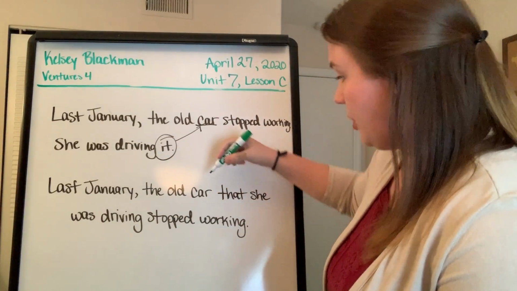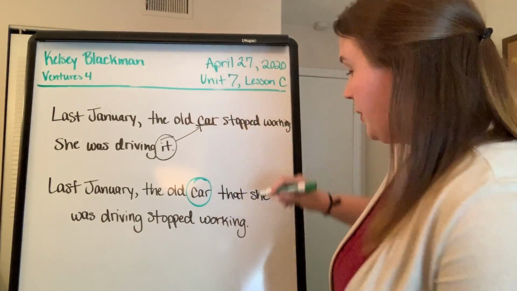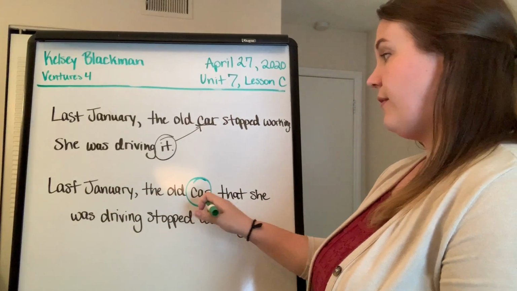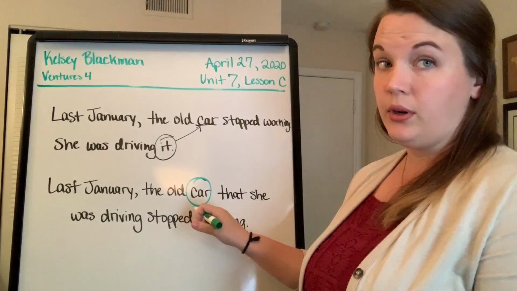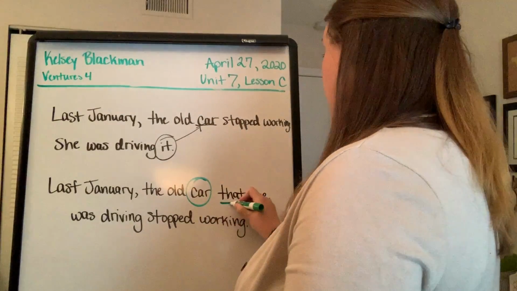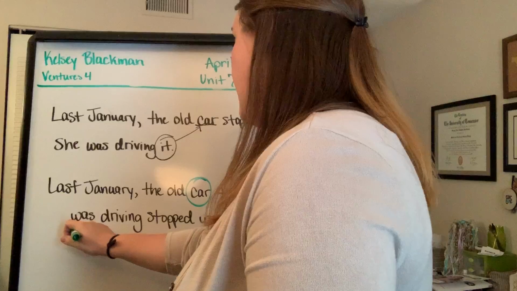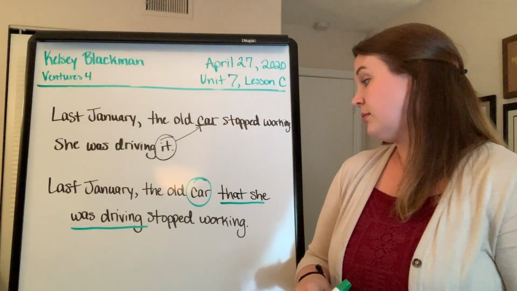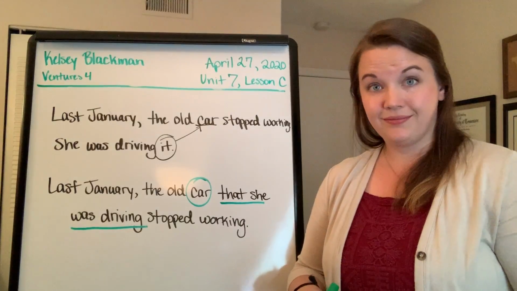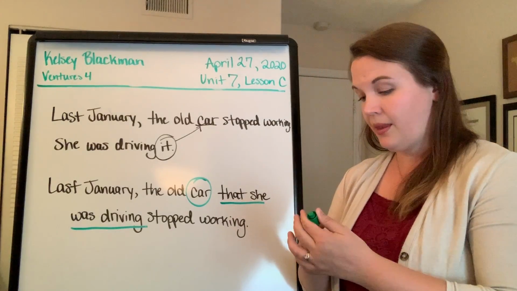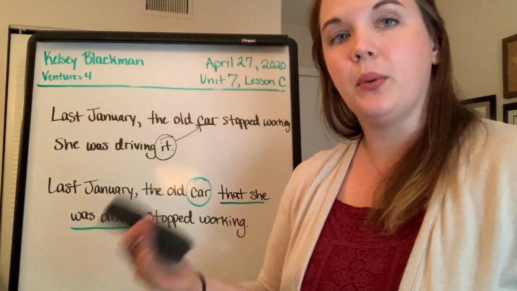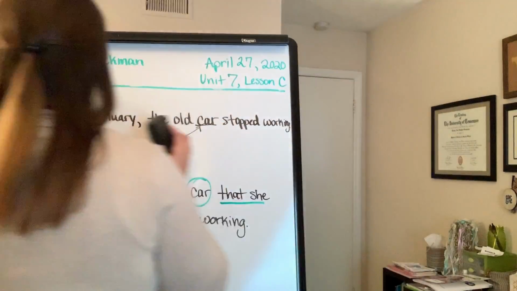It's going to come after car. So, wherever you have the noun, you need to put the adjective clause right after it. Okay? Hopefully that makes sense. Let's do one more and then we will go on to page 89.